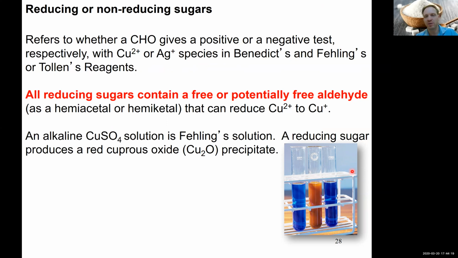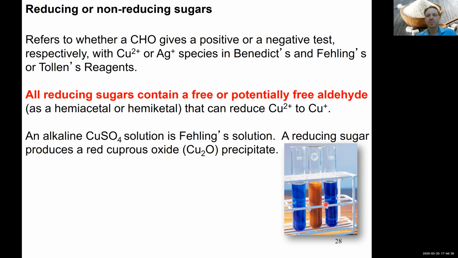You see an image down here. If you have a sugar that reacts with copper or silver in these solutions, it will give this sort of rusty red color. If it's a non-reducing sugar, it will remain blue.